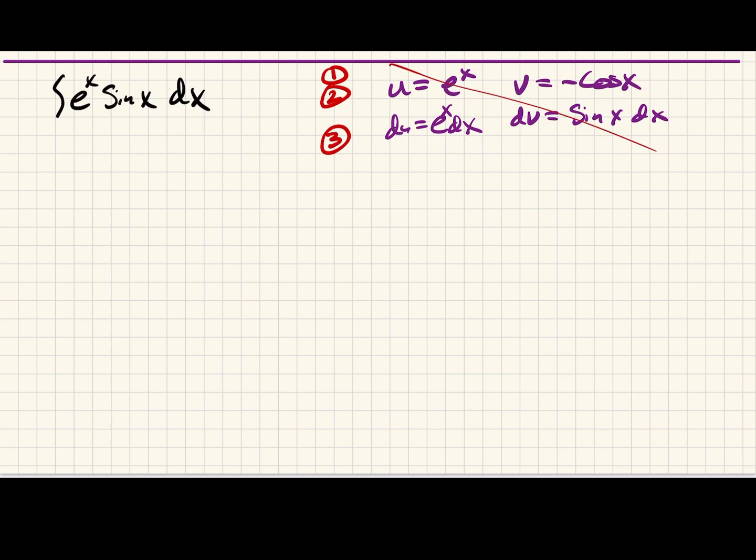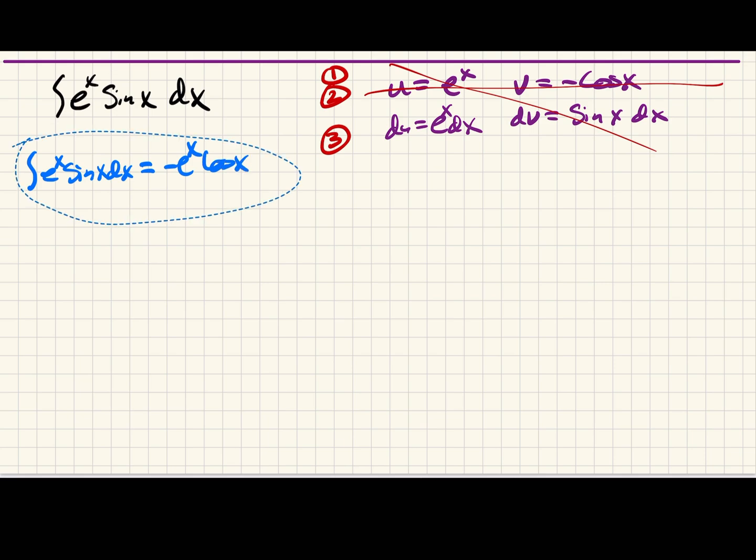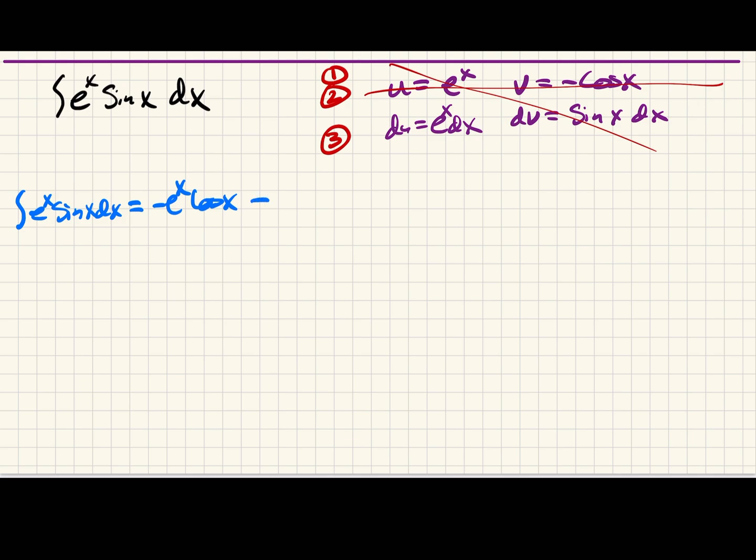So, one, we have the integral of e to the x sine x dx equals two, minus e to the x cosine x, minus integral three, e to the, might as well call this plus because we got a negative, e to the x cosine x dx.